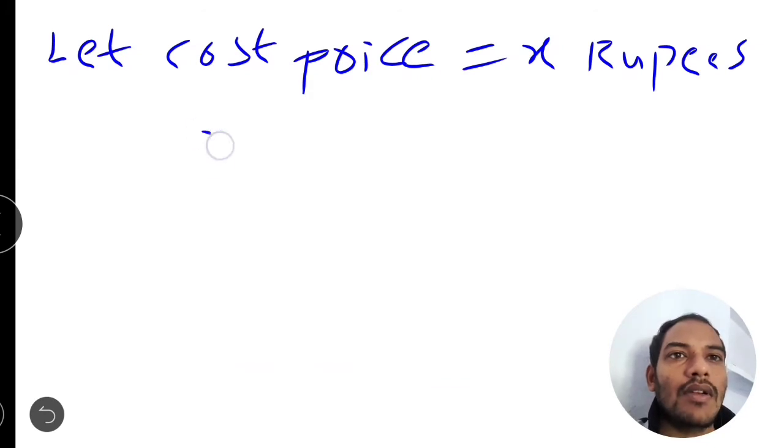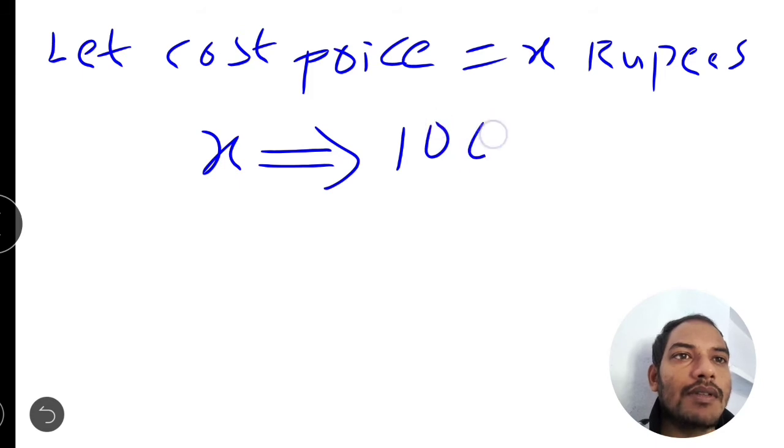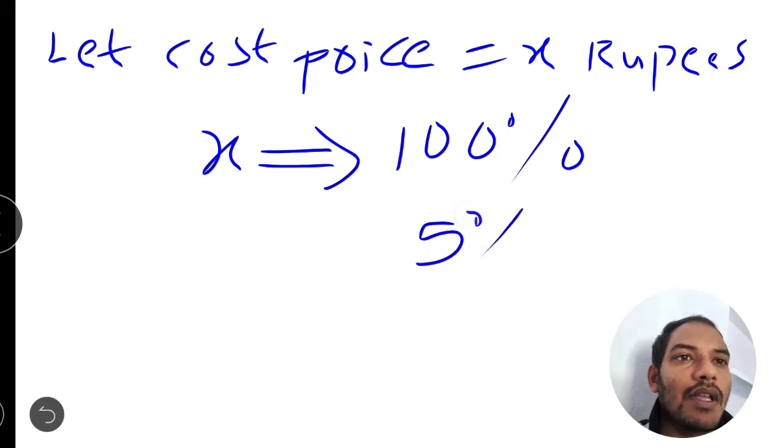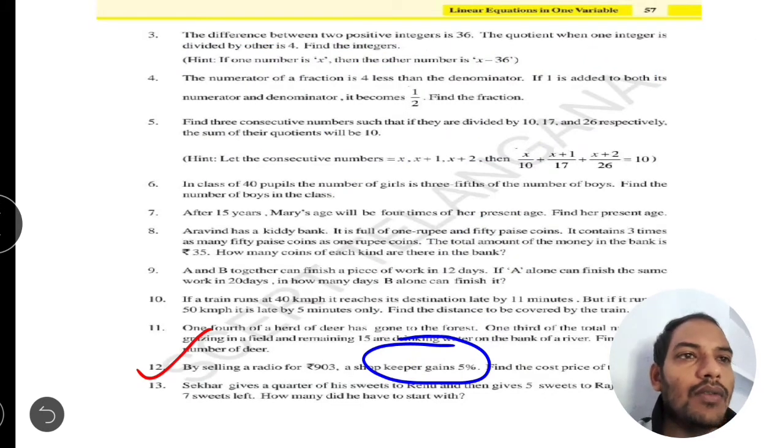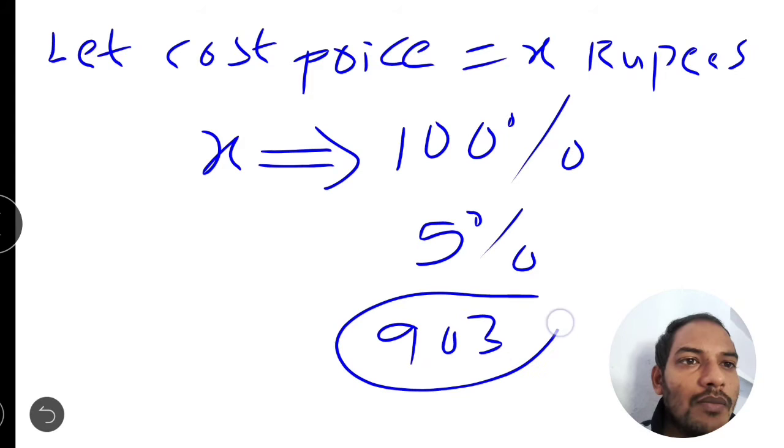Actually the cost price X should be considered as 100%. For this 100% he got a 5% gain and he sold the radio for 903 rupees. So this 903 rupees is the radio's price after getting the 5% gain.